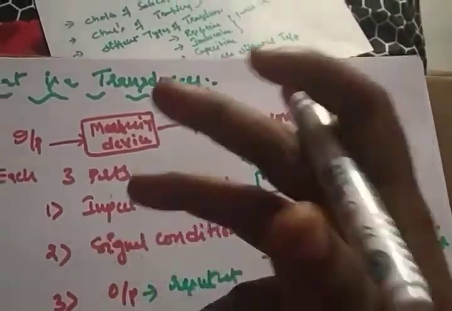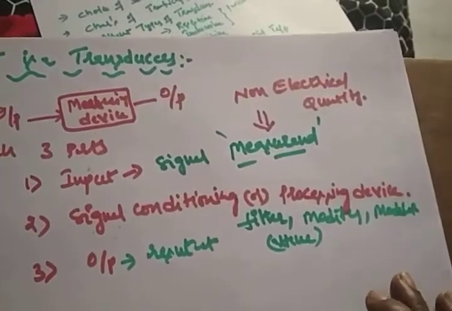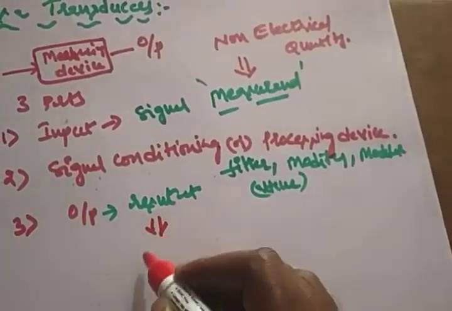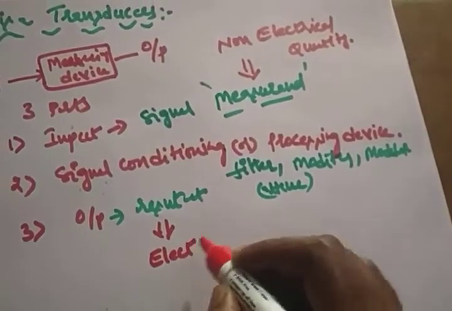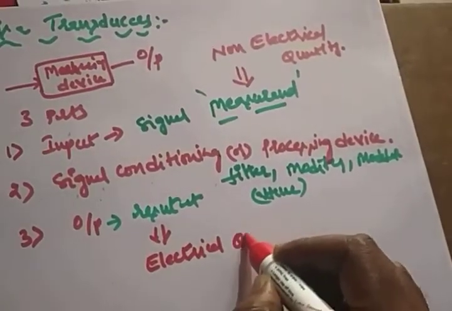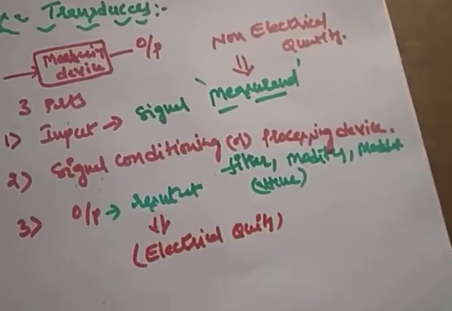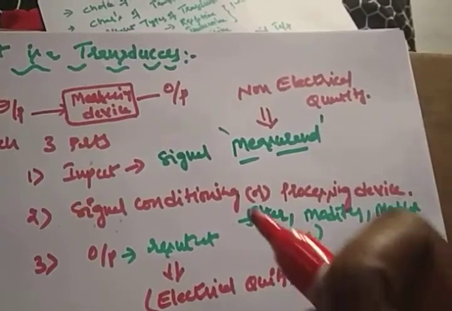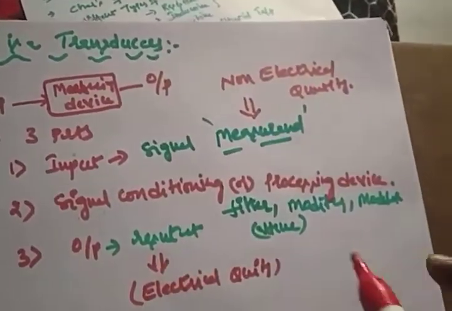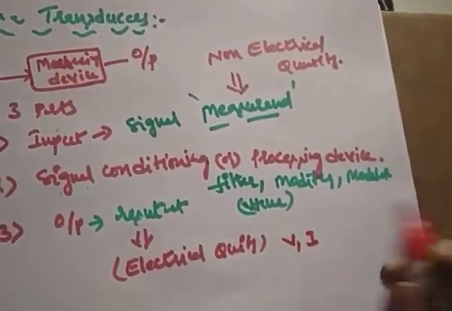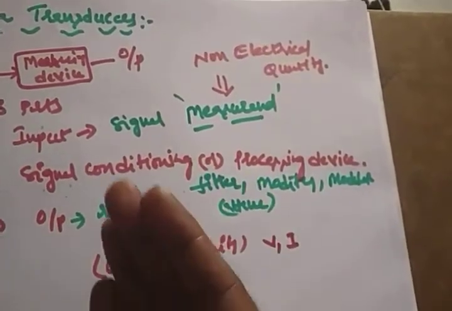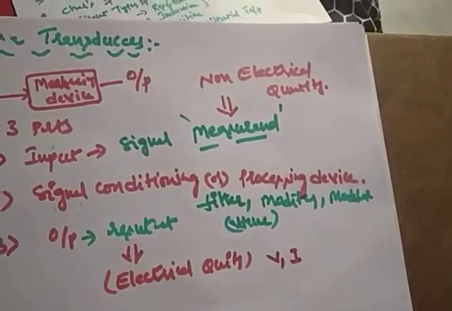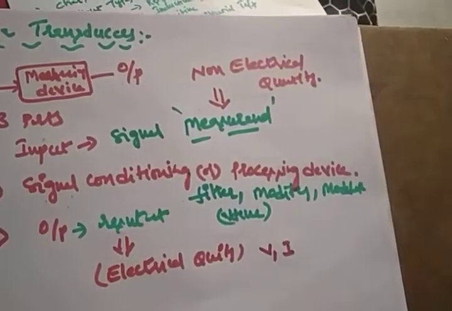So these are different non-electrical quantities, right? And most of the time the output that we require is an electrical quantity, like voltage and current. If you have voltage and current, definitely with this you can operate any other instrument, your systems, and your load also.